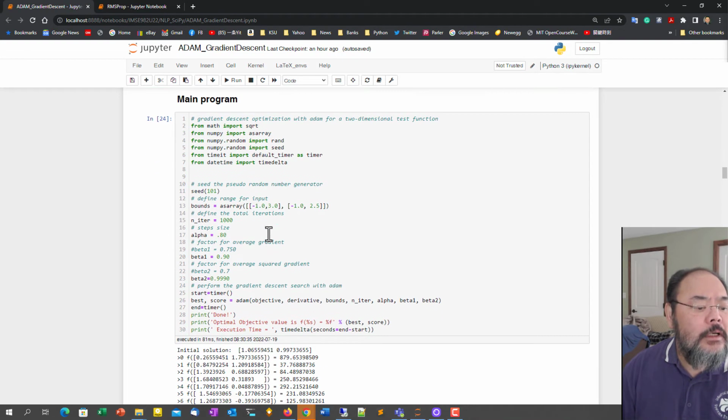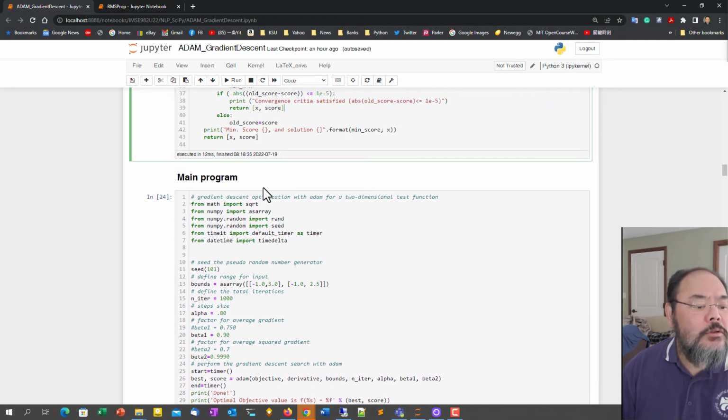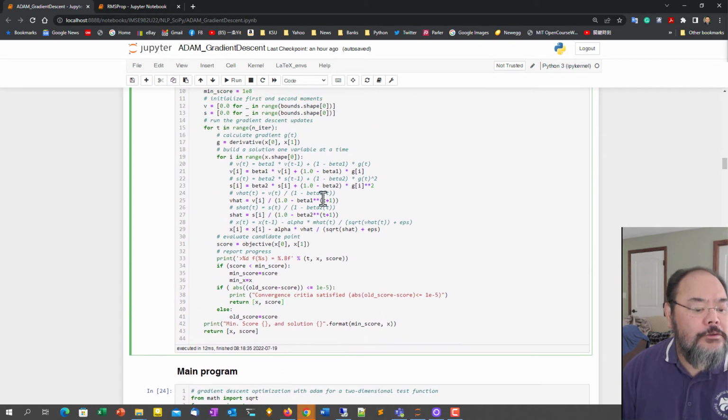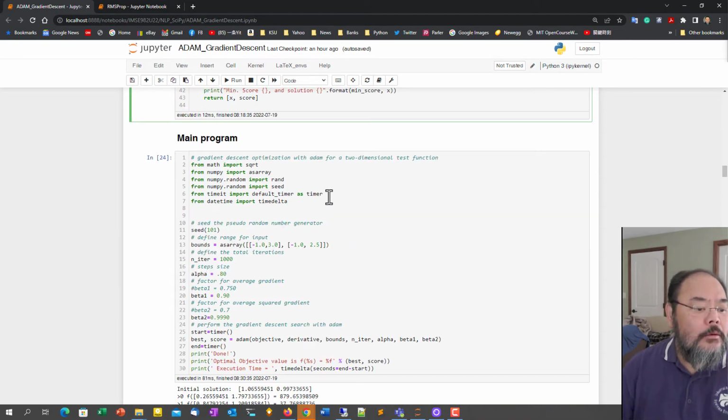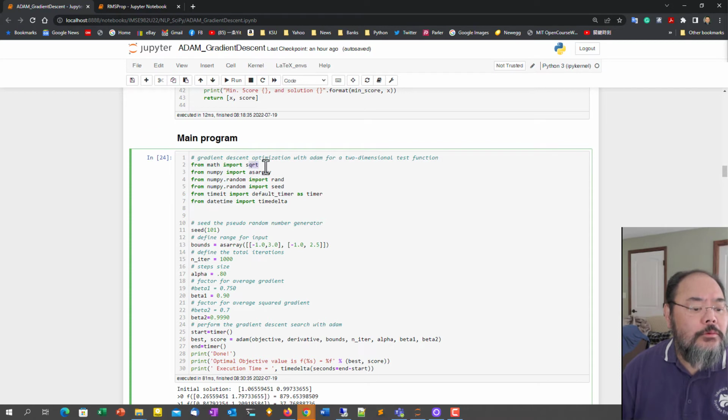Here is my main program to call this Adam function. The main program imports the square root, array from NumPy, the random function, and the seed function.